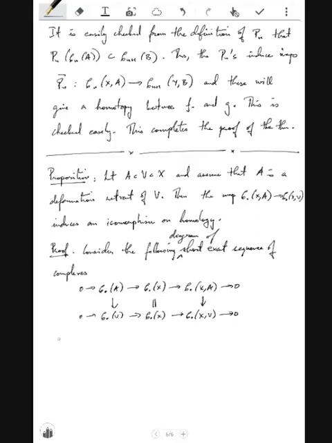So from the homology sequences, we get the following commutative diagram.